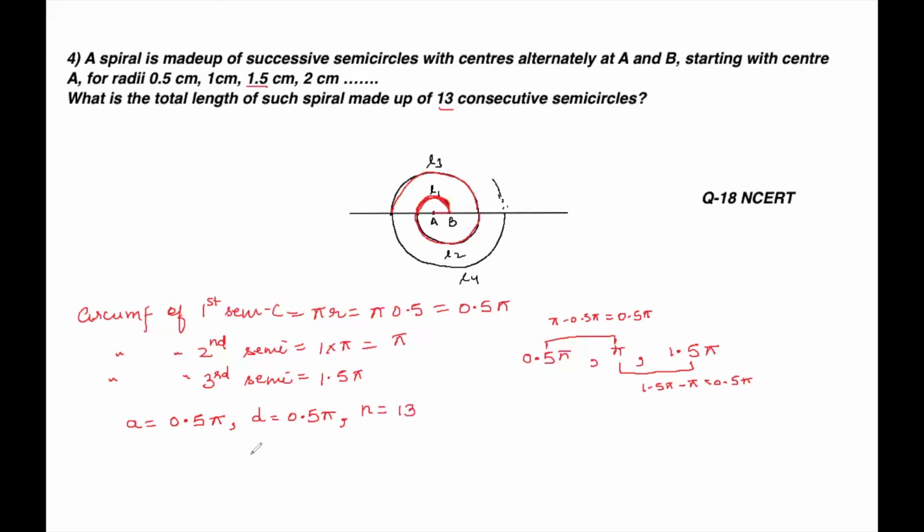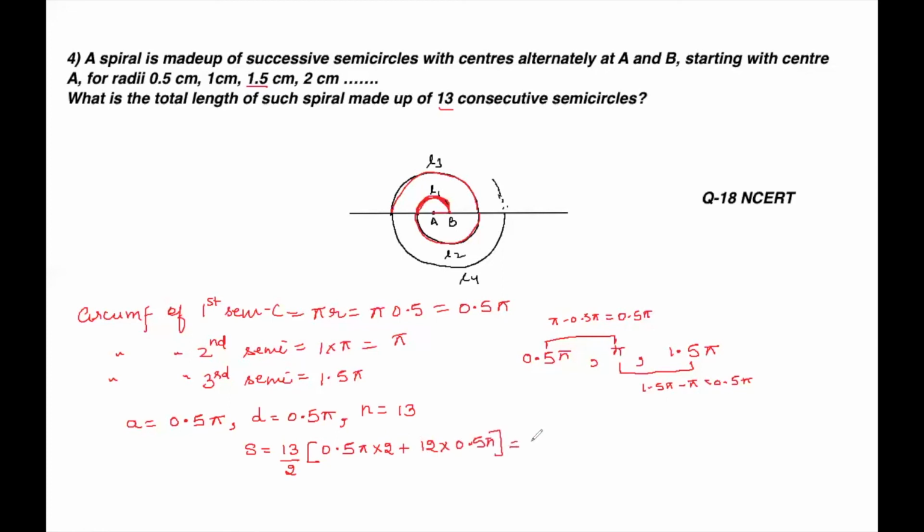Now I'll put all the values in the sum formula. So that is equal to n by 2, that is 13 by 2, into 2a plus (n minus 1) d. So what is a? 2 into 0.5 pi, plus 13 minus 1, that is I can write 12 directly, into d, that is 0.5 pi.